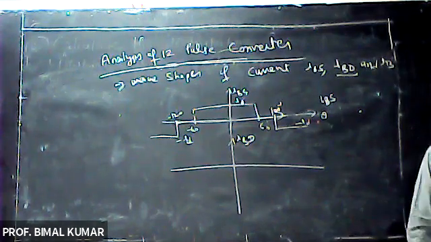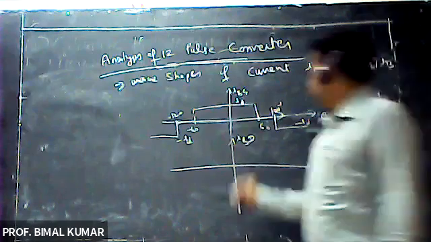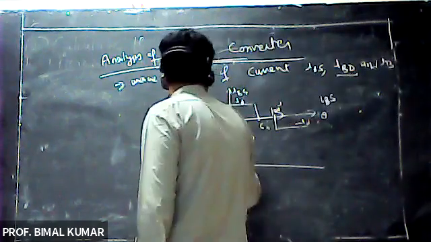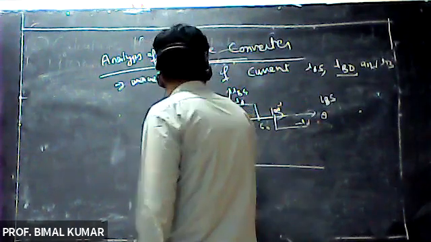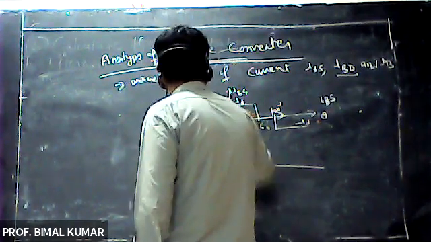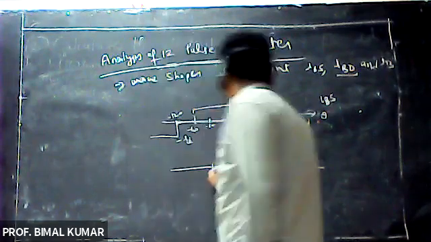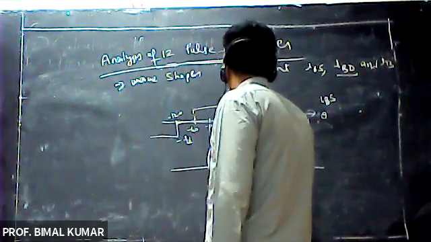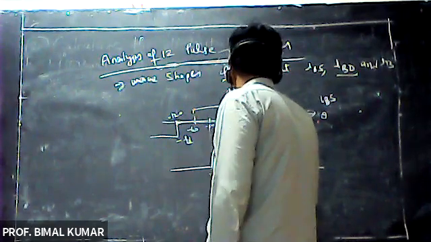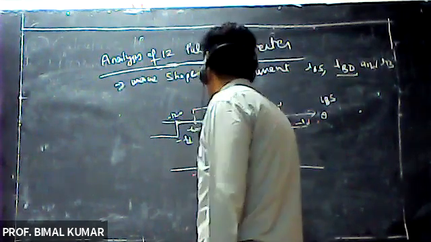So here you will get two steps. Here let us suppose you will get the 30 degree, minus 30 and 30 degree. Here it will be again minus 30 and 30 degree. Here it will be somewhere 60 degree, minus 60 degree.